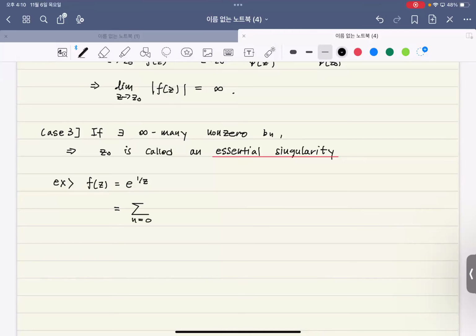Since we know the Taylor series of the exponential function, all we need to do is replace every z by 1 over z, so instead of z to the nth, we have 1 over z to the nth. So this is 1 plus 1 over z plus 1 over 2 factorial times z squared and so on. This is true for every z not equal to 0.